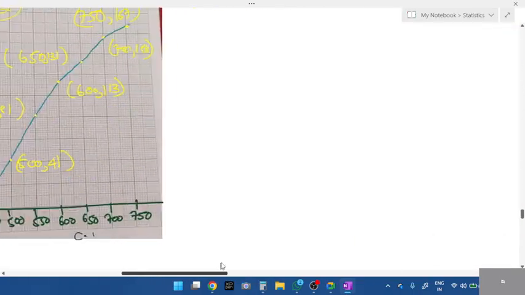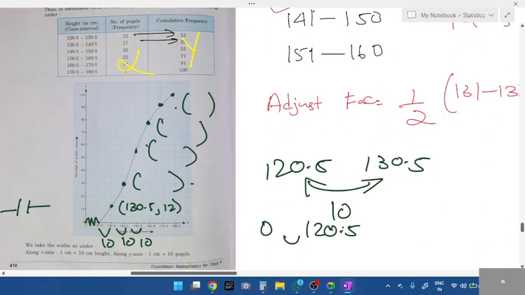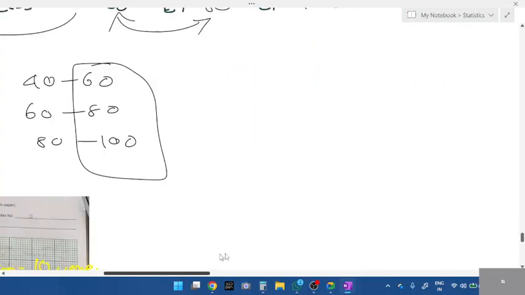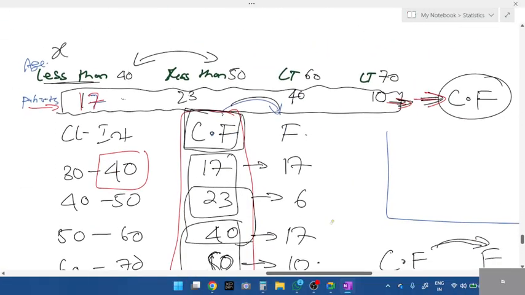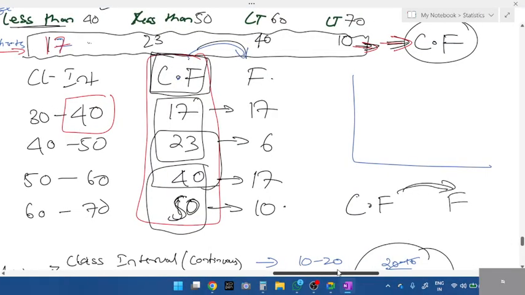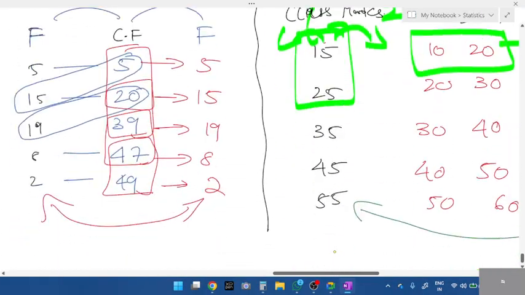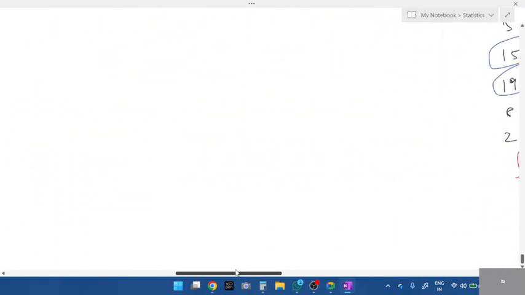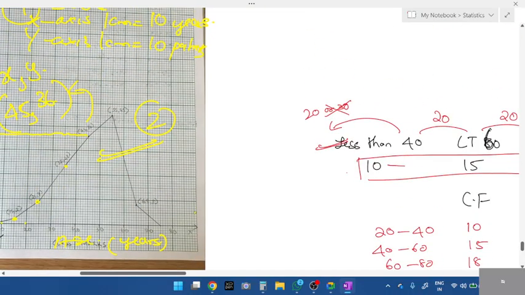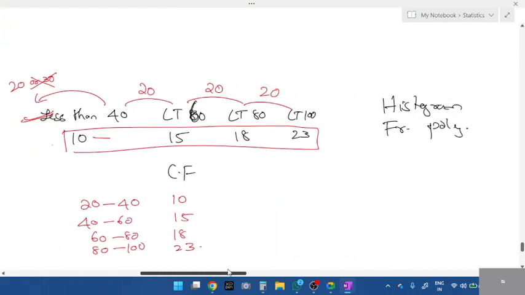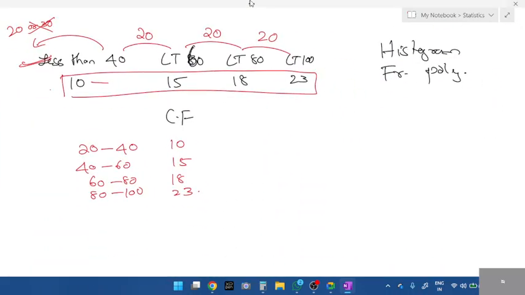For histogram and frequency polygon. Tell me, students, for histogram and frequency polygon, what do we need? Frequency or cumulative frequency?